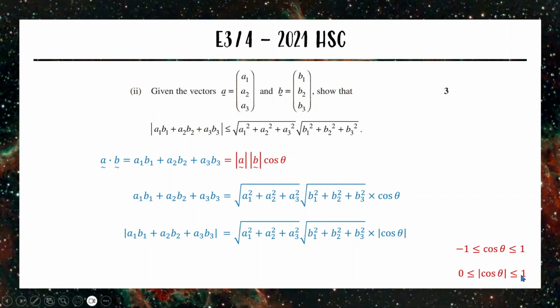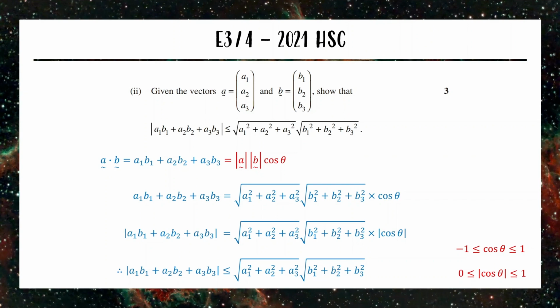It's going to be between 0 and 1. If you take something and you multiply it by something that's 1 or less, you're making it smaller. So the right-hand side is smaller than the left-hand side, and that's why we have the absolute value of this less than or equal to our two terms times together, because the cos value is making it smaller. Okay, so now we can move on to part 3.